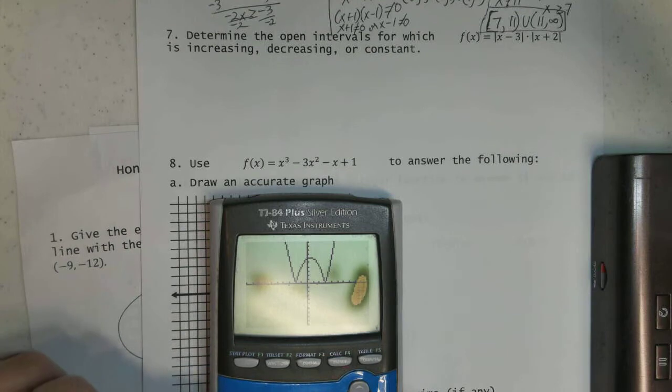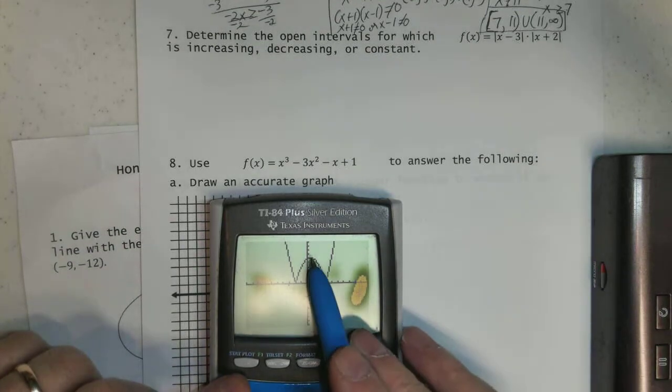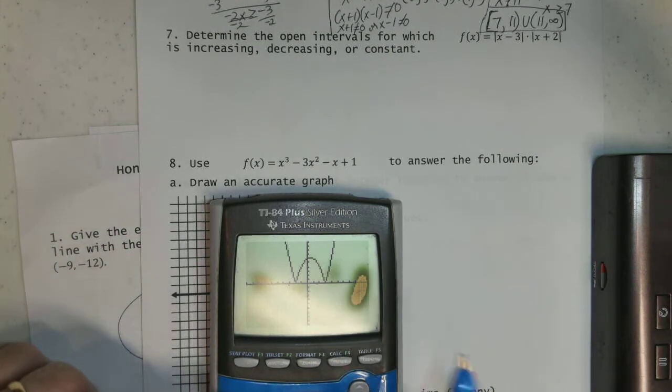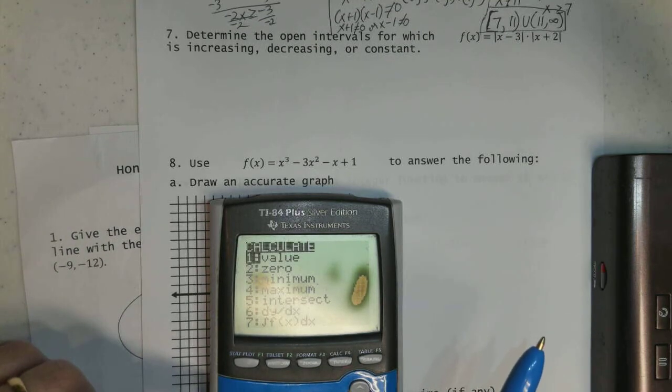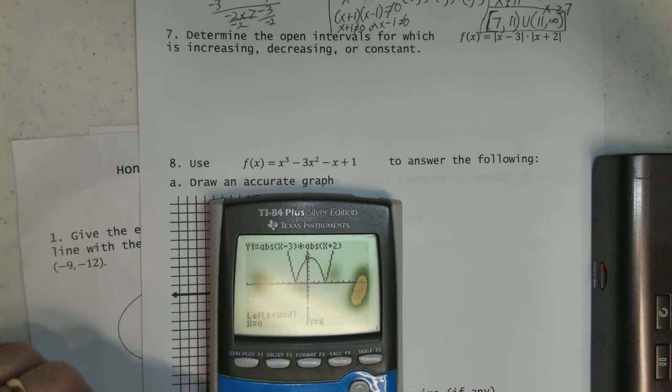And then I also want to find the coordinates of this point here. So I'm going to go to second calc. It looks like a maximum. Number 4. Hit enter. It looks good for a left bound. Let's get over here for a right bound. Hit enter.